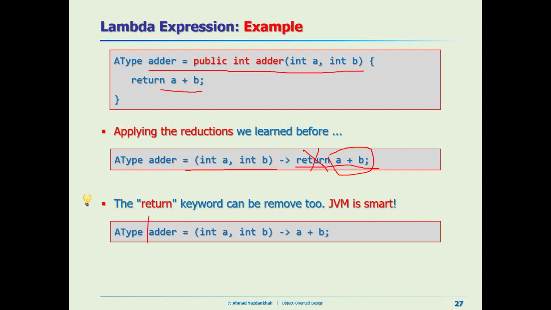In this slide, we responded to one question. If we have parameters or arguments here, then it looks like this. And we also learned that we can remove that return because the JVM can figure it out by itself. Okay, but there is more pruning, right? We can make this final thing even simpler. All right, so let's see.